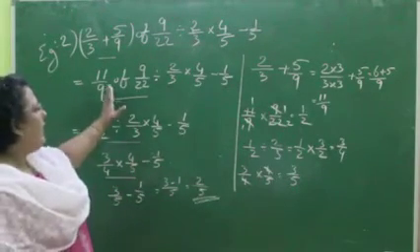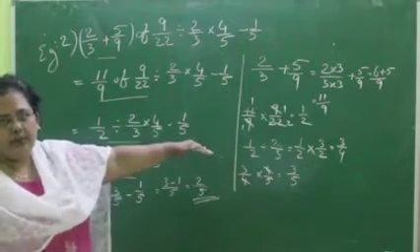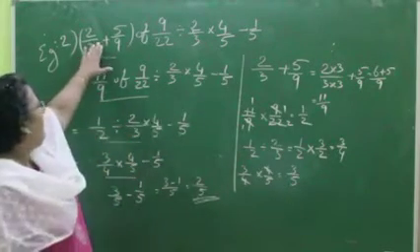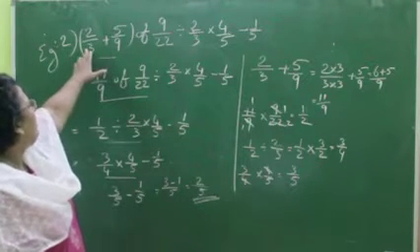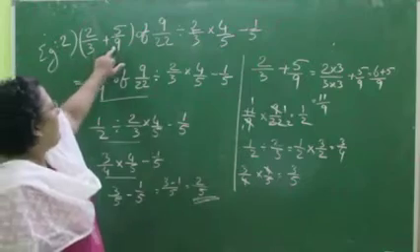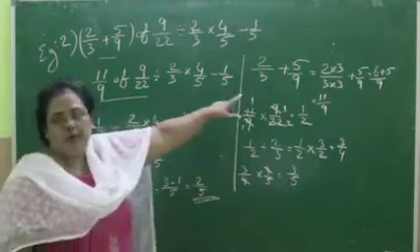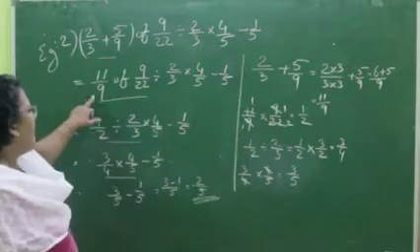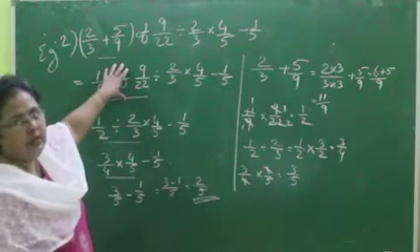So, if you do the operations just where you are writing them, it will be easy for you. First we did the bracketed one, the operation inside the bracket. So, 2 by 3 plus 5 by 9. We got the answer as 11 by 9. We did the problem there. We got the answer as 11 by 9 of 9 by 22, which is the next operation you have to do.